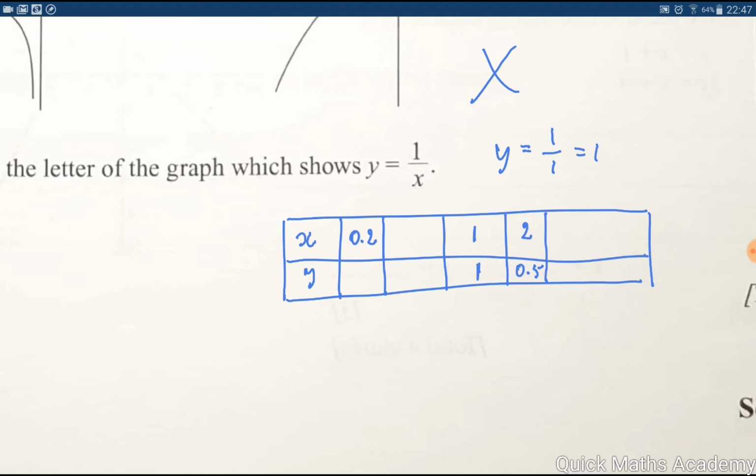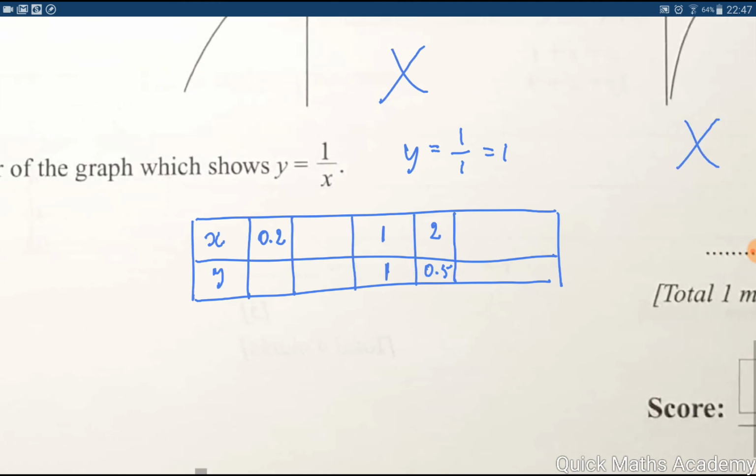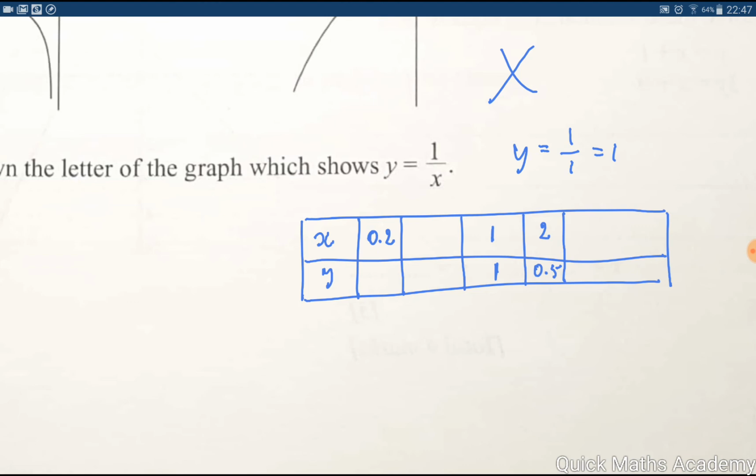If I replace my x with 0.2, what I have is that y will be 1 divided by 0.2. 0.2 is 2/10, which is 1/5. So it's 1 divided by 2/10.